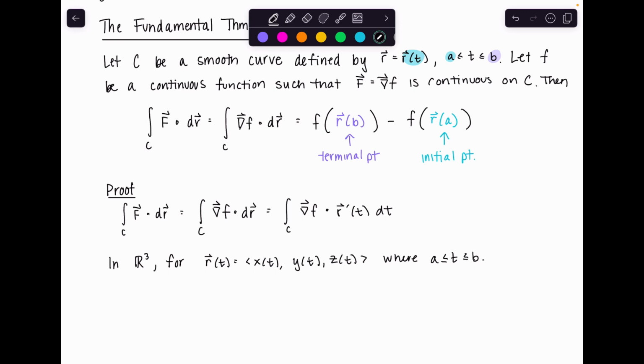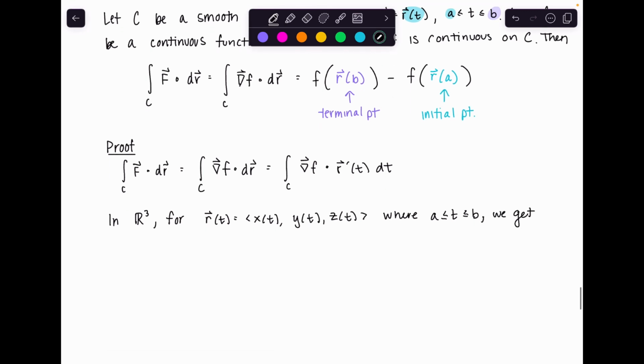we get that this line integral is equal to the integral from a to b.